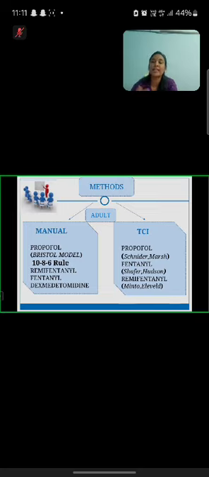The next method is target controlled infusion. Here, we can set the target concentration and alter it based on the clinical effect. My general advice is that not all patients are the same. Each patient will have different pharmacokinetics, and volume of distribution and clearance rate will vary between patients. So there is no model that is superior.